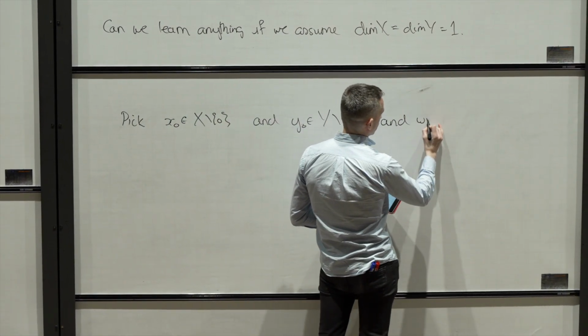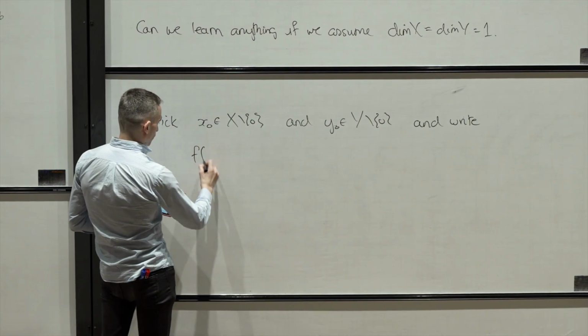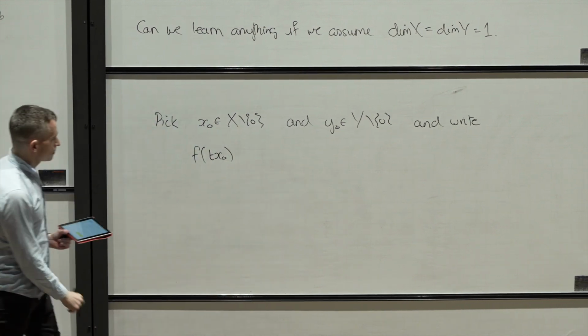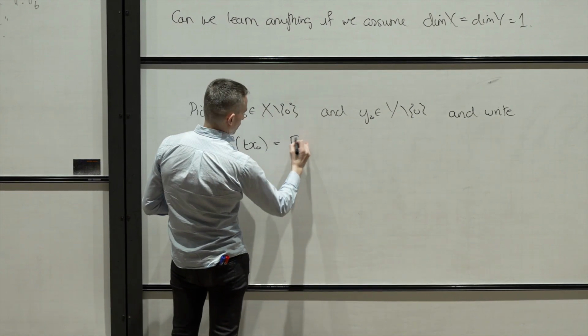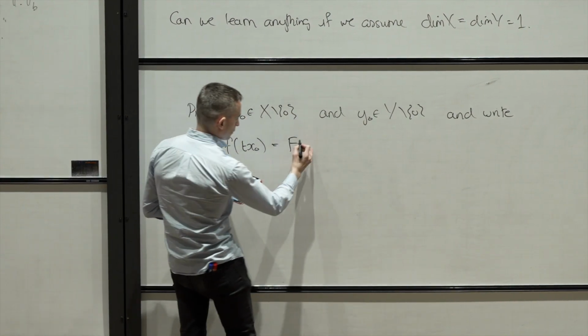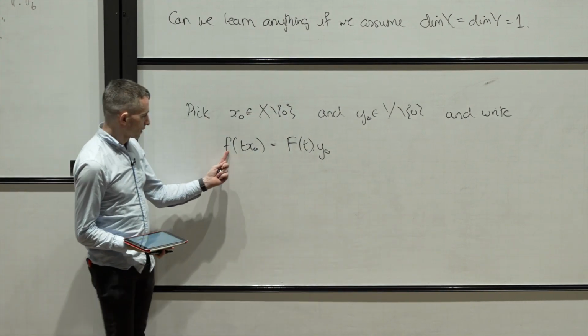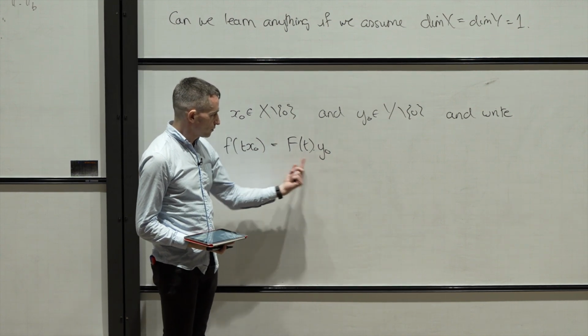And I can write f of t times x0, so this is an arbitrary vector in here, let's call that capital F of t times y0, right? Any vector in capital Y is just a scalar multiple of y0.